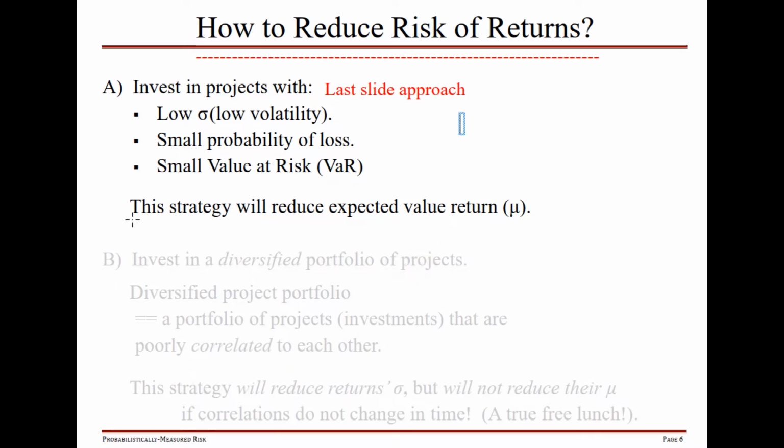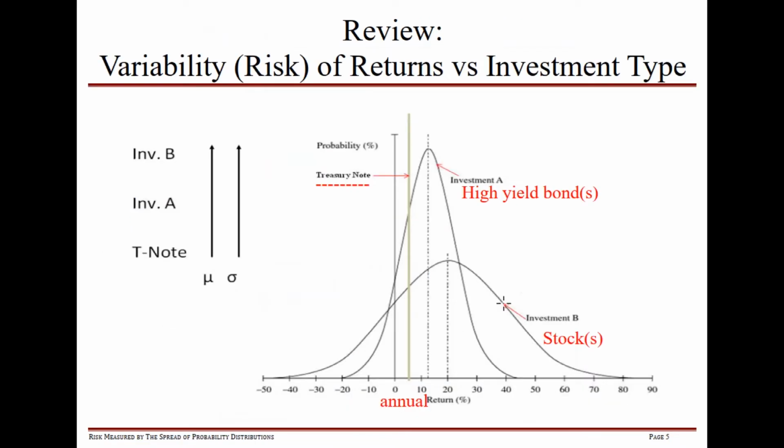And the bad news about this, as we saw on the previous slide, is that in every case that reduces our expected value return. Highest expected value return, biggest tail over here, biggest standard deviation, biggest probability of loss, right?